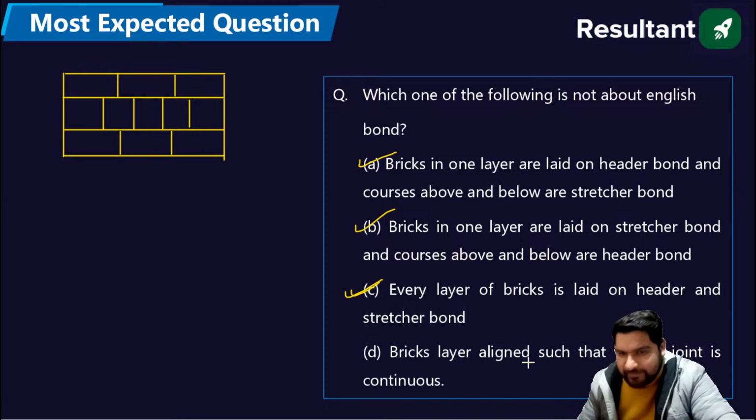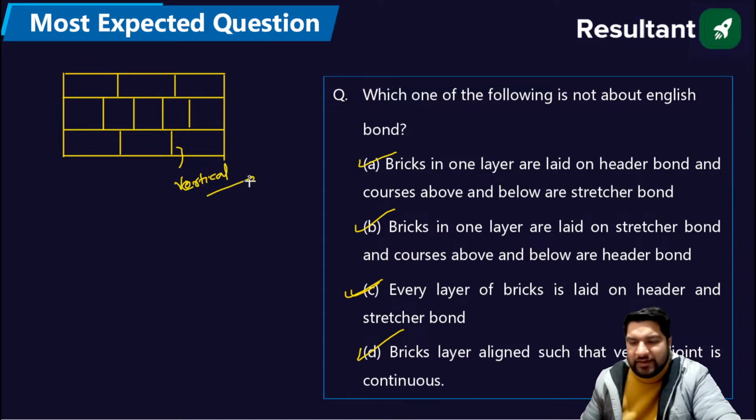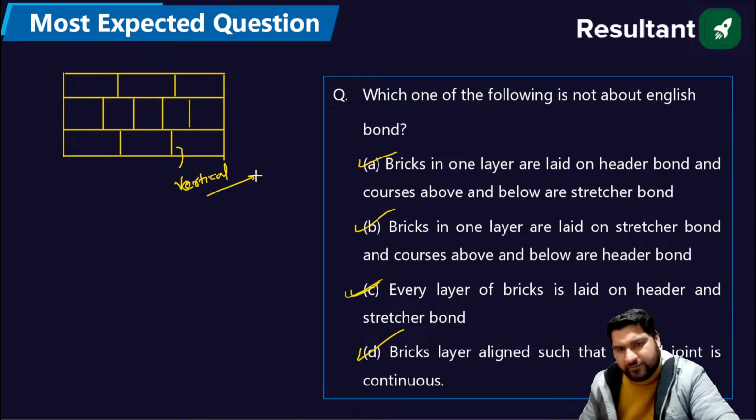And the last one, bricks laid aligned such that vertical joints are continuous. Guys, the vertical joints are not continuous. These are all called vertical joints. They are not falling continuous; rather, they fall alternately. So the last one is the wrong statement.